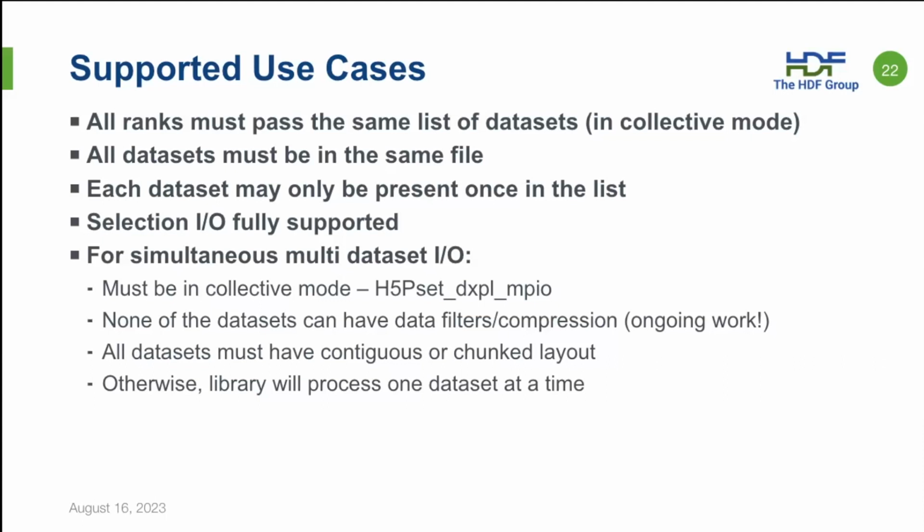Collective is obvious. If it's not collective, it's not going to do the thing. For data filters and compression, we're working on implementing that. Contiguous and chunked, I suppose there would be room for an introspection routine for this one. There isn't one for this right now. But I think the non-contiguous or chunked is the only case that would break multi-data set, once we get the filters and compression fixed.